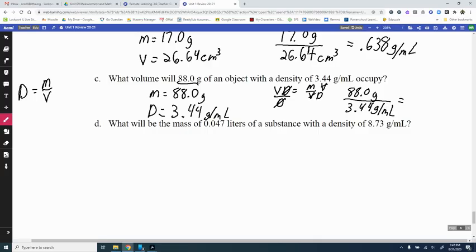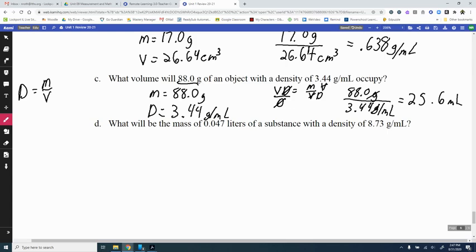Divided by 3.44, we get 25.6 milliliters. Okay, and it's milliliters because grams cancels out, and we're left with milliliters on the bottom of the bottom. So that's actually just regular milliliters. Okay. All right, last one.